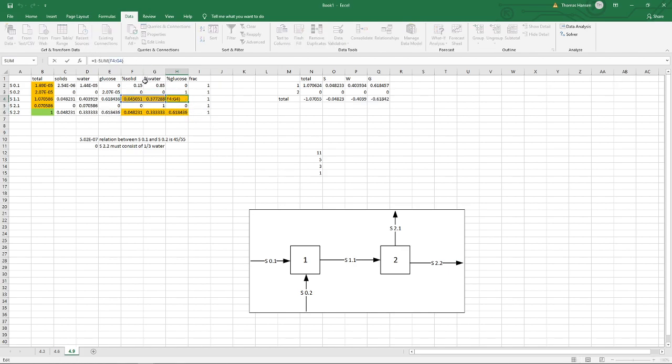Okay, that went a bit fast. Sorry about that. So I've just put in that my percentage of glucose in the two streams where we didn't know it had to be 1 minus the sum of the others. And I just want to put in some values here that are not the guesses of Excel.